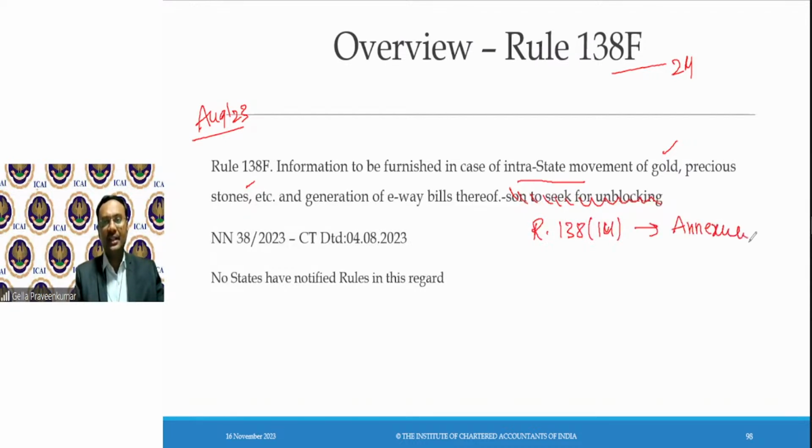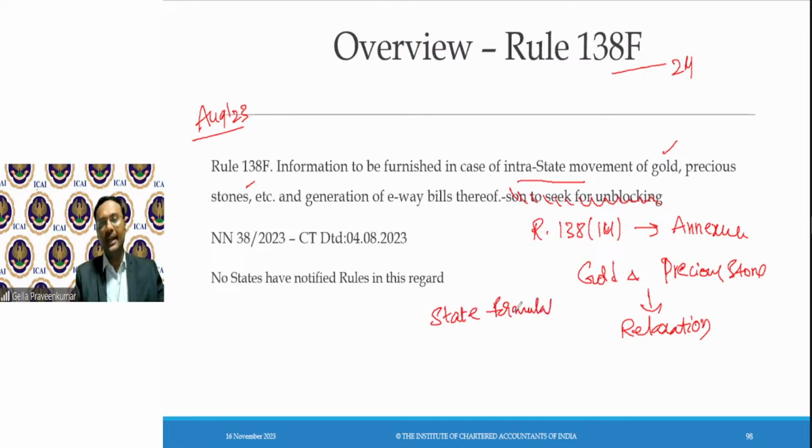As per this annexure, your gold and diamonds, gold and precious stone, there's a relaxation for e-way bill. Now, from August 2023, they say that the state can formulate rules in this regard.